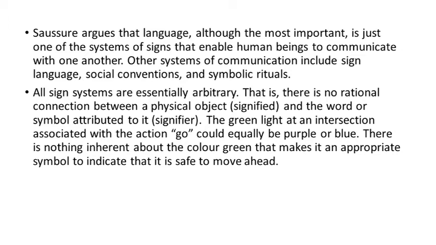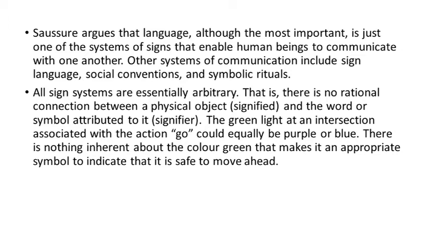All sign systems are essentially arbitrary. He is saying that there is no rational connection between a physical object, that is the signified, and the word or symbol attributed to it. There is no rational connection. Think about the traffic light, for example. Green light in the traffic signal is associated with the action go, you can move on.